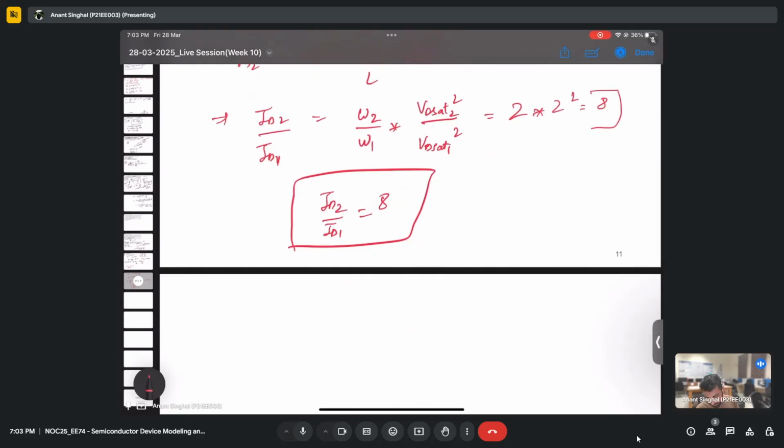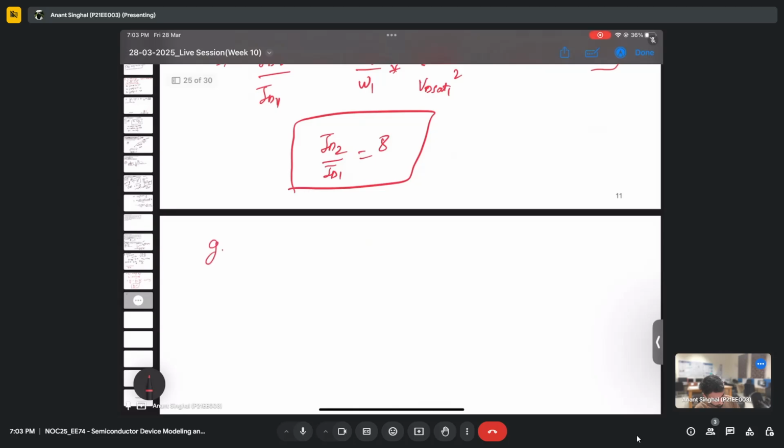On the second part, GM, we have just seen the formula. GM1 is mu n Cox W1 by L times VGS minus VT, which is the overdrive voltage, so I write VDsat1, and GM2 is the same with W2 and VDsat2.